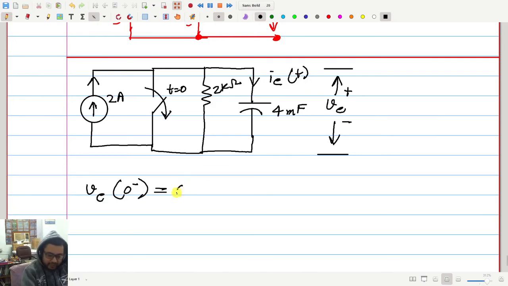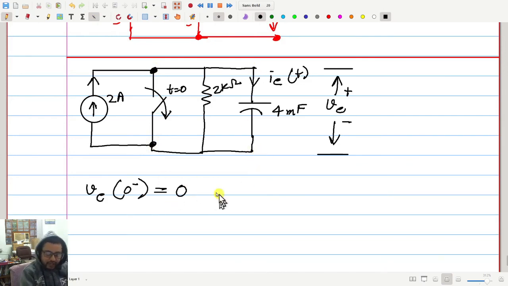Why 0? Because this current will flow through this switch completely, and the switch is like a short circuit. So the voltage between the two ends of the capacitor is 0.